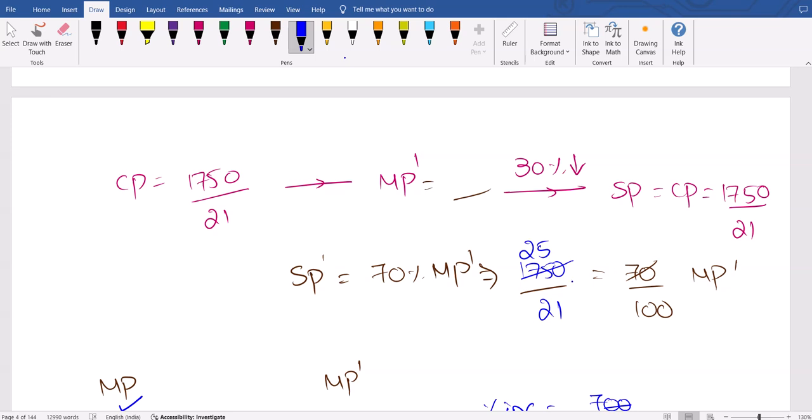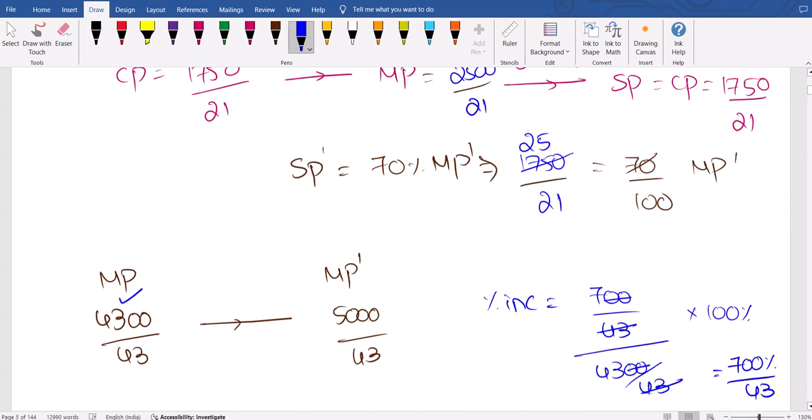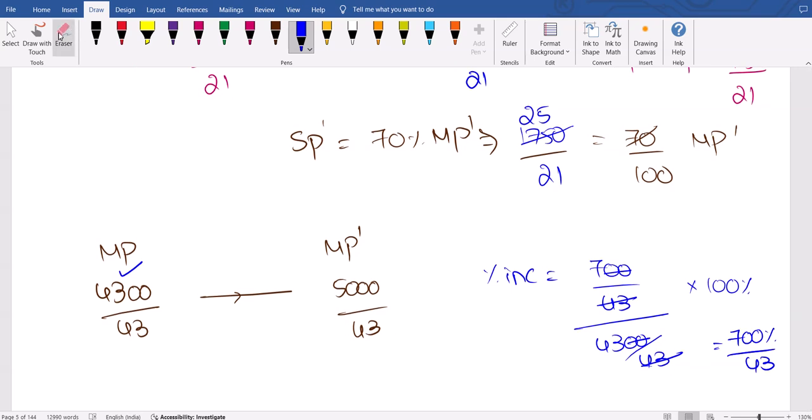Now we got 2500 divided by 21. I'm writing 2100 divided by 21. 2100 becomes 2500.